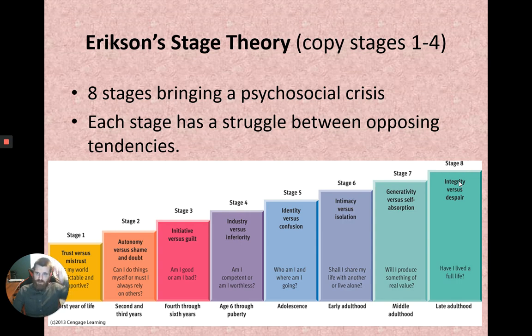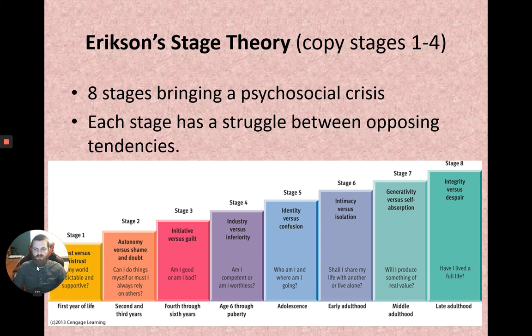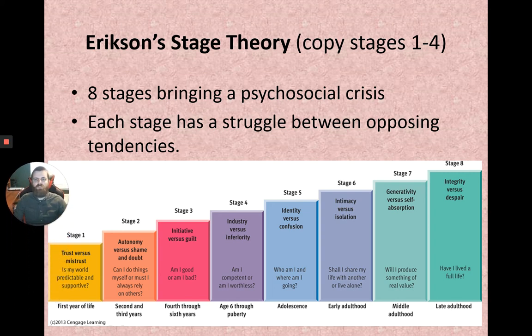So the first part here, you can ignore the copy stages part because you're now seeing all of this, but it says Erikson's stage theory. So this is Erik Erikson. And this first theory is about personality and identity. And so the 8 stages here, let me see if I can move myself a bit out of the way. The first part of this is dealing with your identity before you have an identity.